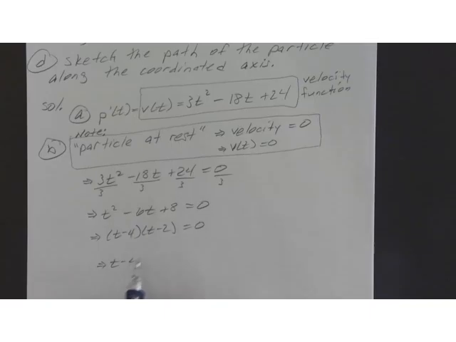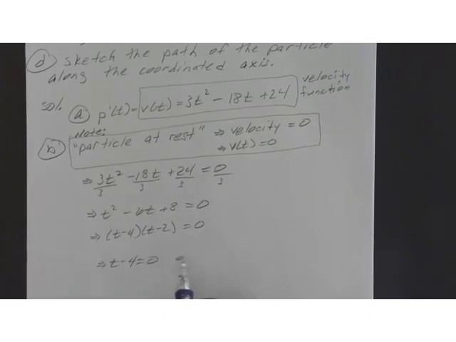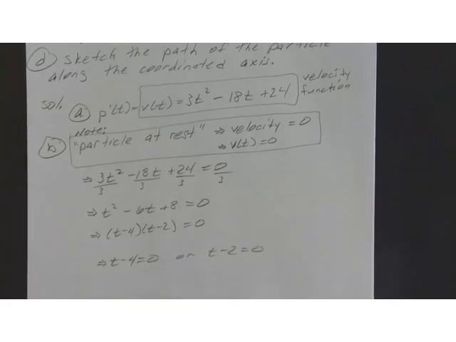So that means t minus 4 can equal 0, or t minus 2 can equal 0. Add 4 to both sides. So that means t can equal 4, or t can equal 2.